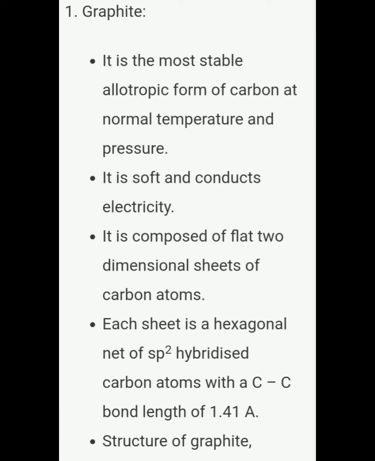Each carbon atom forms 3 sigma bonds with the neighboring carbon atoms using 3 of its valence electrons, and the fourth electron, present in an unhybridized p orbital, forms a pi bond. These pi electrons are delocalized over the entire sheet, which is responsible for the electrical conductivity.